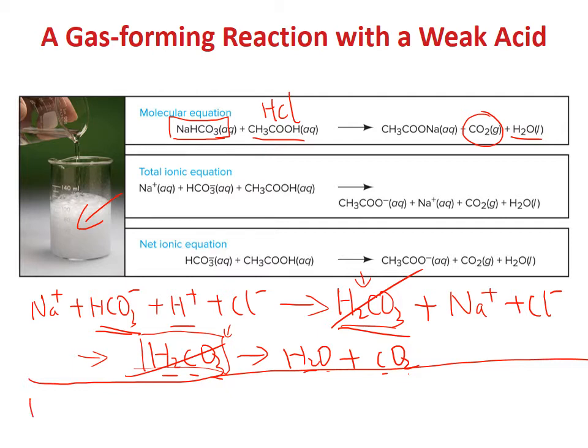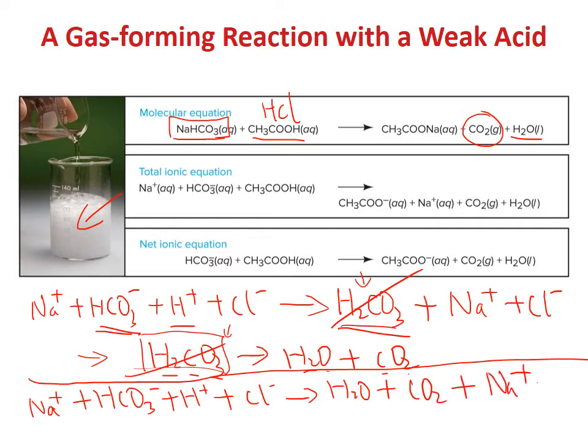So the net reaction is sodium ion, bicarbonate anion, hydrogen ion, chloride ion forms water, CO2, sodium ion, chloride ion. That's the total ionic reaction. Now, these are the spectator ions.